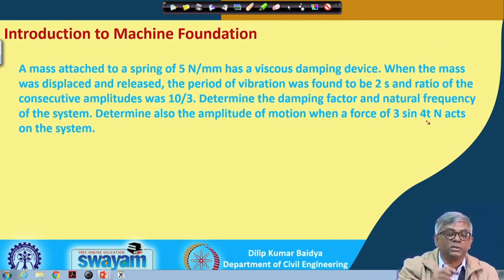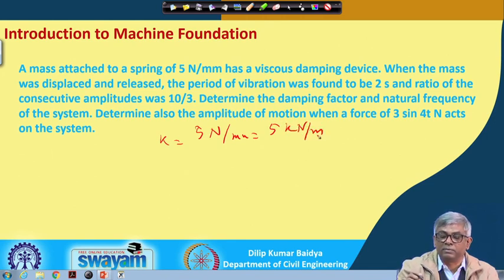So, here you can see spring K is given as 5 Newton per millimeter, or 5 kilonewton per meter. Okay. And you can see the period T is given 2 second, which is nothing but 2 pi by omega.